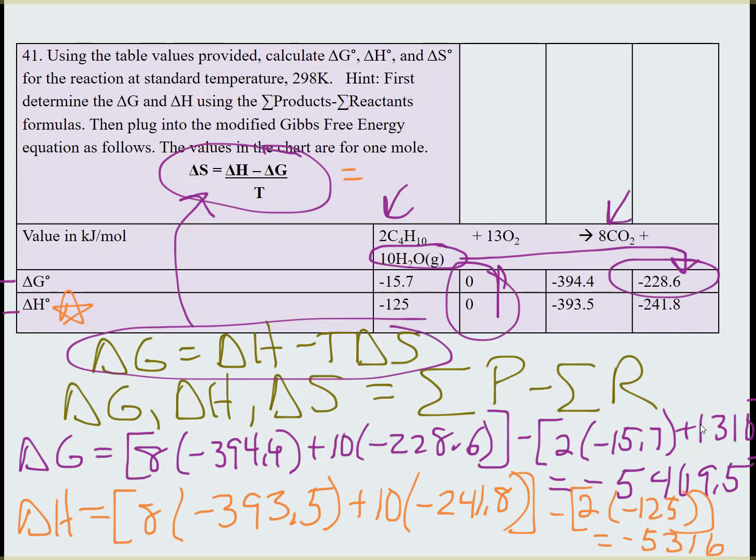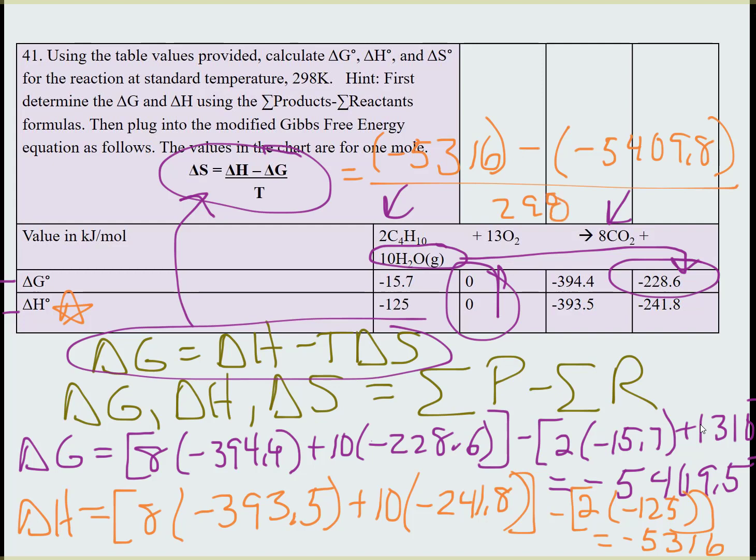So I have my H, don't forget the negative, and I subtract that G, so it would be a negative 5,409.8. And then I divide it by my temperature, which it says is 298.